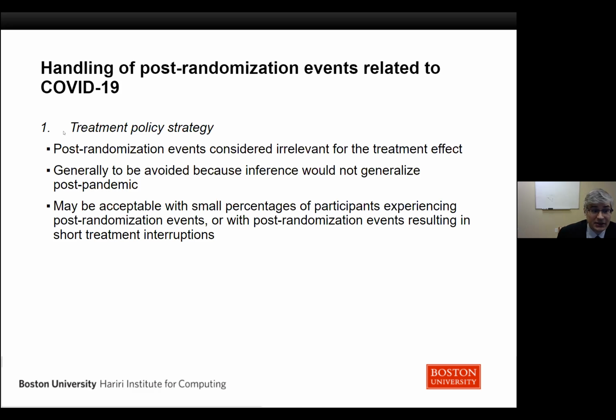So the first strategy is the treatment policy strategy. It's the estimand I introduced earlier. And so the idea is to achieve the estimation of a treatment effect regardless of intercurrent events, right? So the post-randomization events are considered irrelevant to estimate the treatment effect.